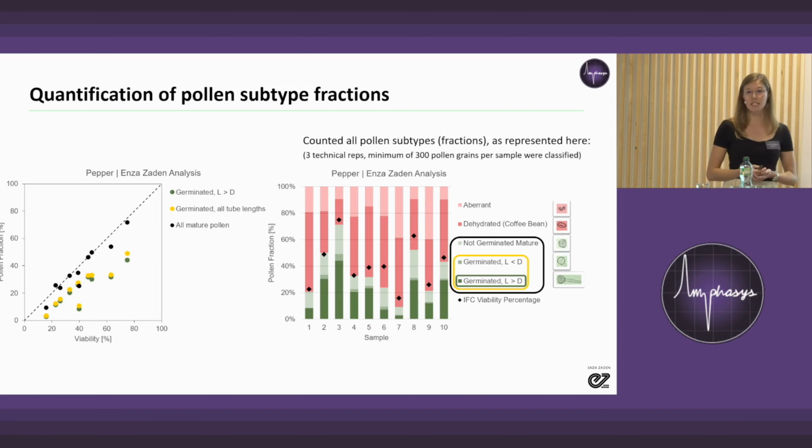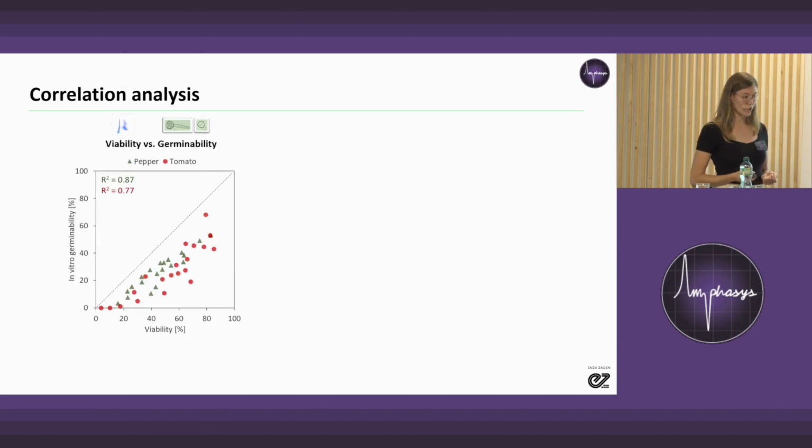However, this is just an analysis of pepper, and it only includes the results of Enza Zaden. So let's add the results of Amphasys and tomato as well. Then this is what we see. On the x-axis, you can see the viability obtained by the Amphasys measurement, and on the y-axis, the in vitro germination.